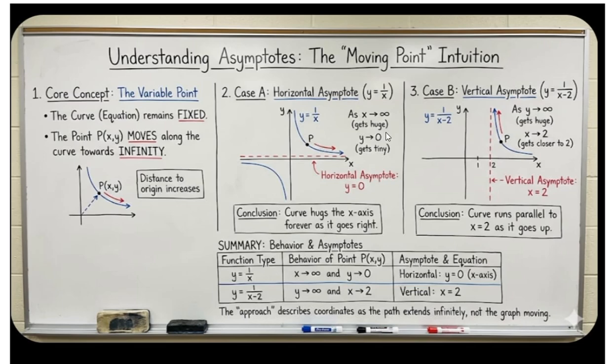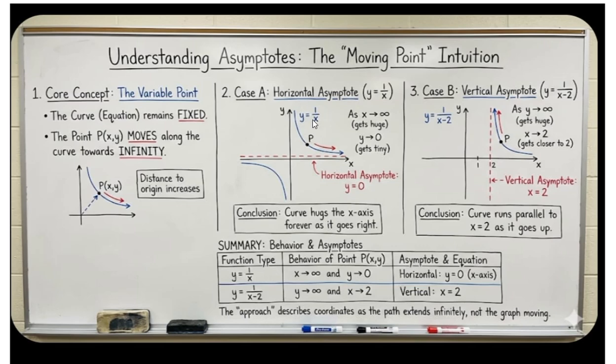But in the reverse way, if you take x approaching 0, then y approaches infinity, and that is x = 0. This is a vertical asymptote to this curve, and y = 0 is the horizontal asymptote.